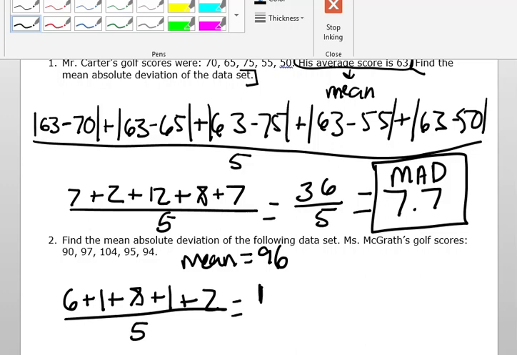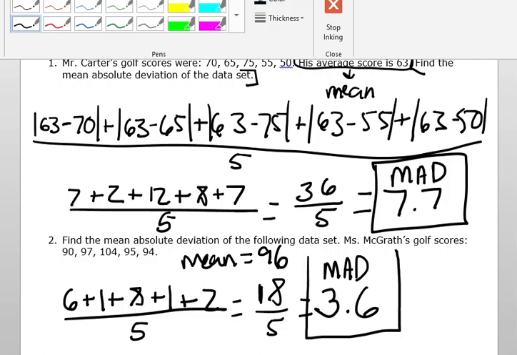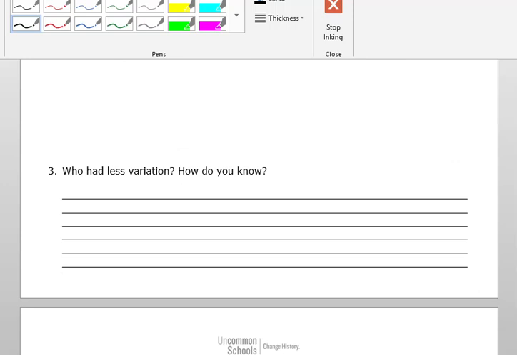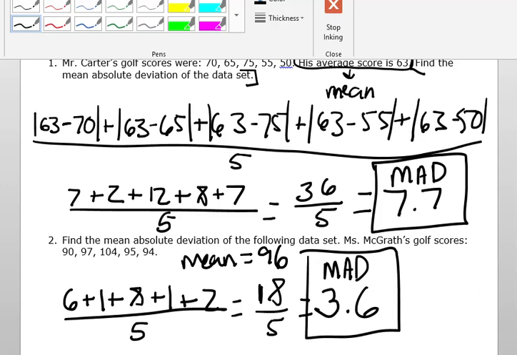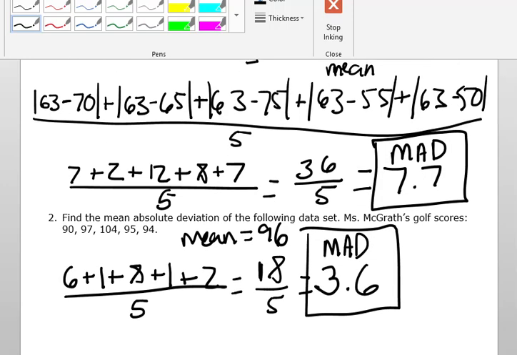So I have here 18 divided by 5. Okay. And this gives me 3 3/5, or 3.6. So my mean absolute deviation here is 3.6.